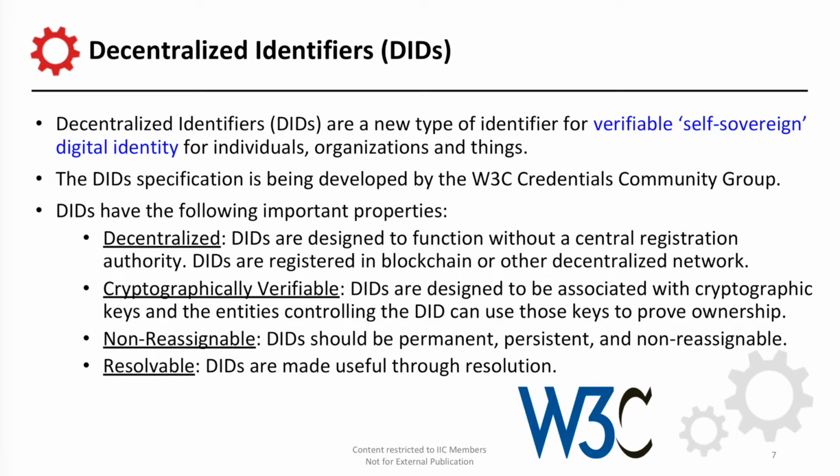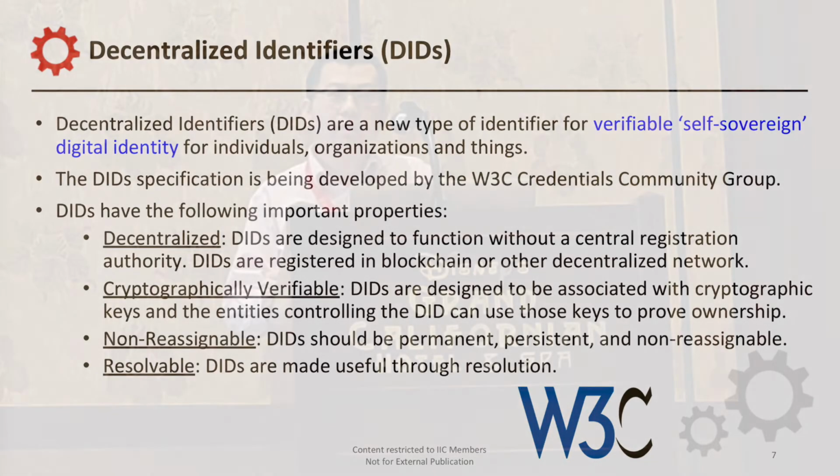That's the same concept here. For the decentralized identifier, that key represents that you are the controller of that identity. The third one is non-reassignable, which means the DID is permanent, unique, and persistent. Also, a DID needs to be resolvable to make it useful.